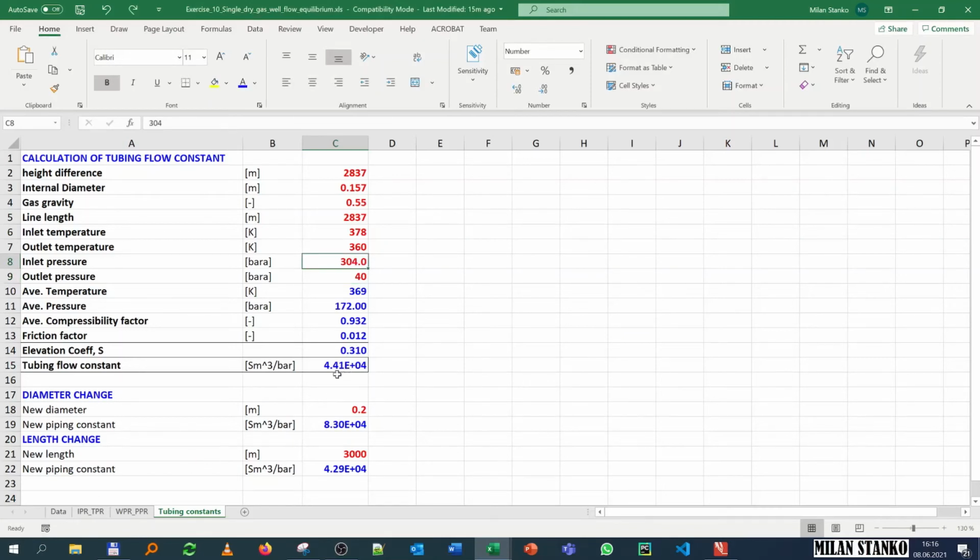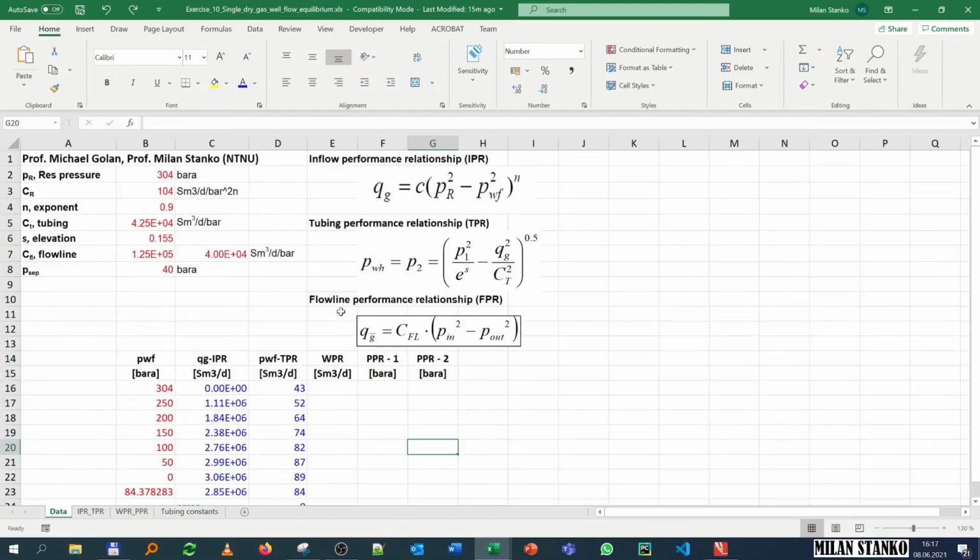You have 441, and then when I change it is 434. The S, the elevation coefficient, is 302 and 310. So this change is usually very small.